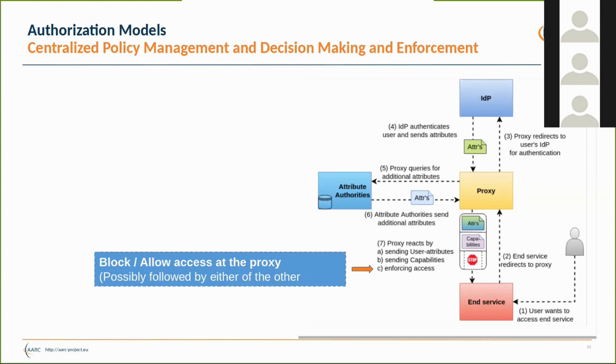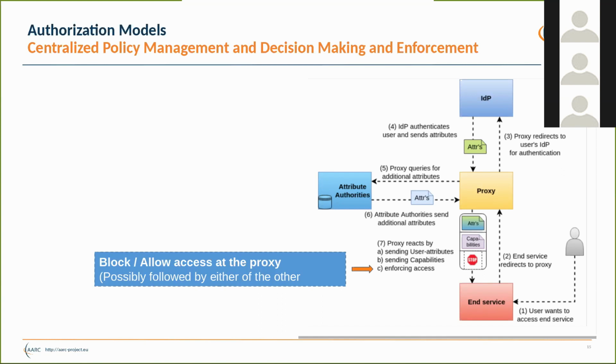Of course, in this model, the proxy has the most responsibilities because in addition to gathering the information and re-expressing it, it also needs to understand the exact authorization policies in the end services. And as a final note, in this model, if the proxy, at least in theory, allows a user to access the end service, it can be followed by either of the previous two models.